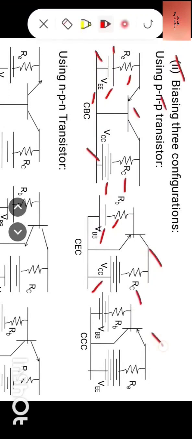Now this is common collector configuration. Here VBB is the reverse bias applied to the base terminal through resistance RB, and VEE is applied to the emitter terminal through resistance RE.